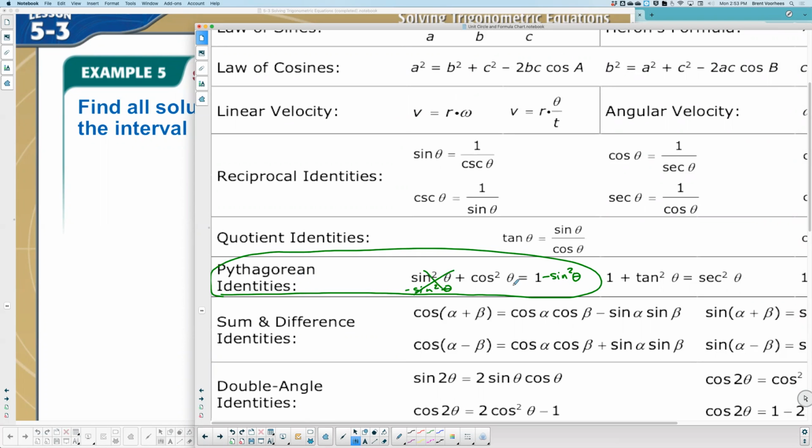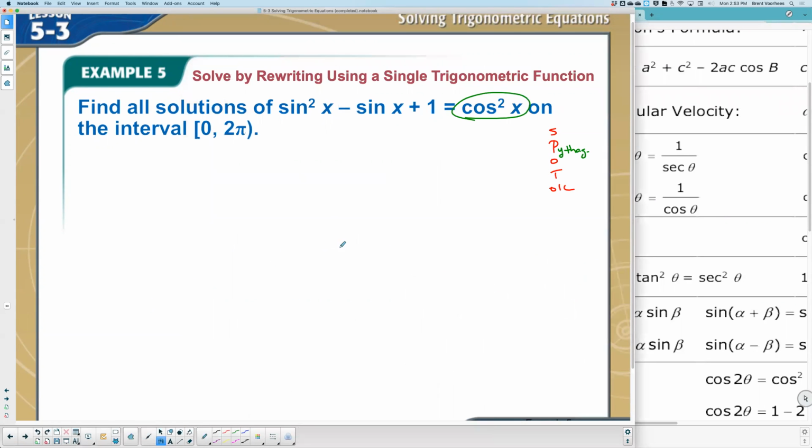You can see that would cancel out. And so what I'm going to do here first is substitute using Pythagorean. I'm going to change that and say we have sine squared x minus sine x plus 1 equals 1 minus sine squared x. And that was using the Pythagorean right there.